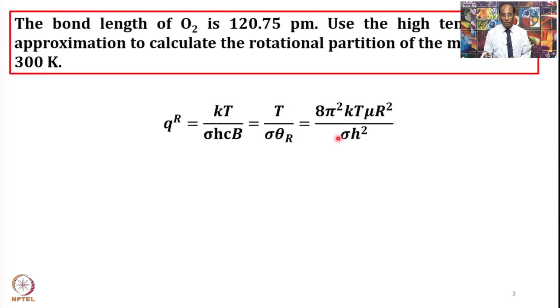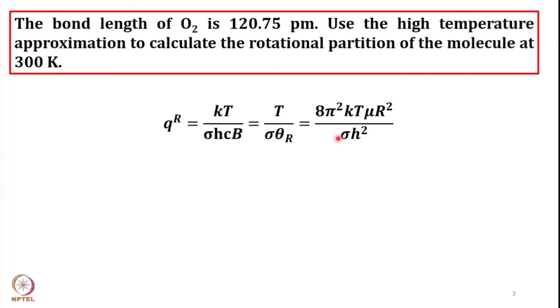After having this background, let us try to solve a numerical problem. The problem given to us is that the bond length of the oxygen molecule is 120.75 picometer. Use the high temperature approximation to calculate the rotational partition function of the molecule at 300 Kelvin.